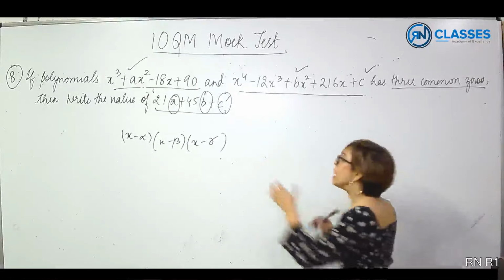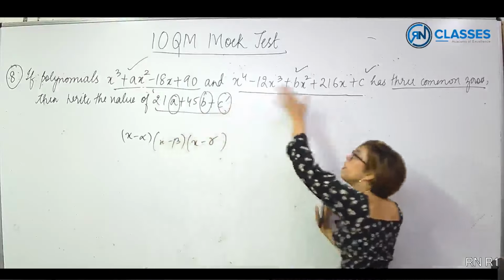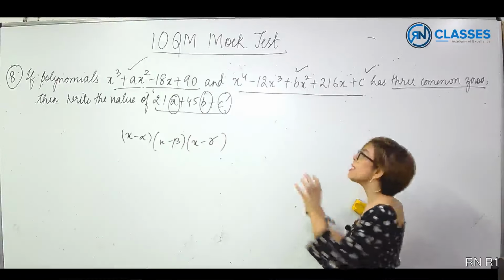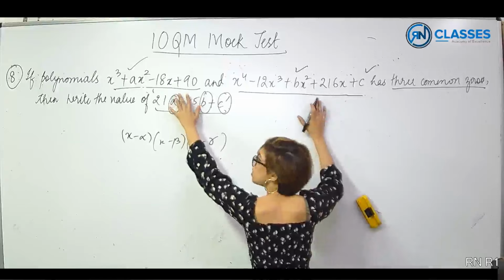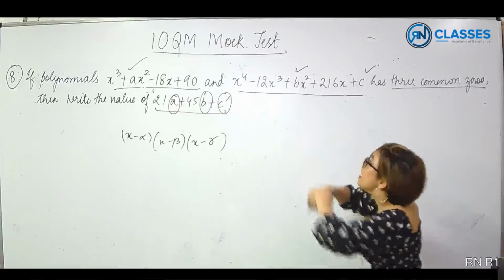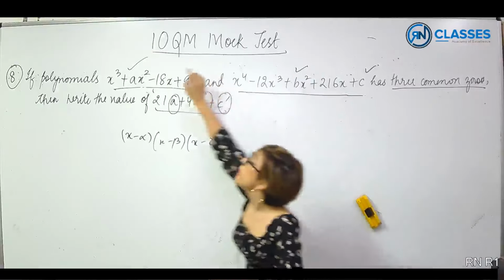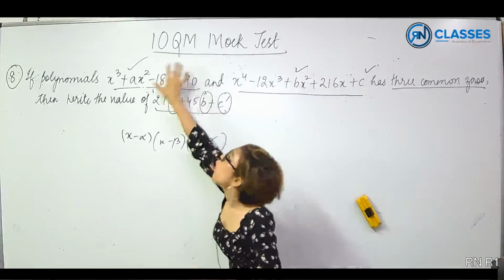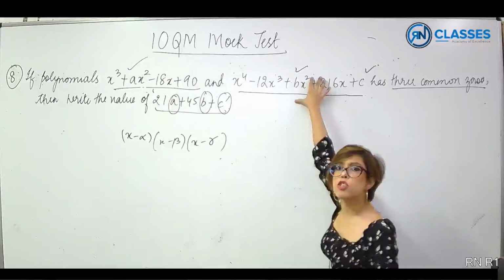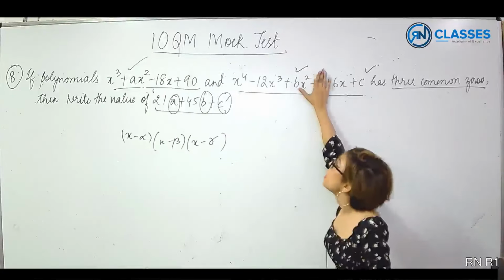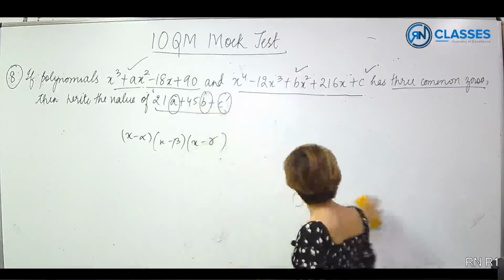Mind it, these factors are already present over here. Can you see what is happening between the two polynomials? We can clearly see that this polynomial will be exactly divisible by this one, because all of these factors are coming in the factorization of this. So this polynomial is divisible by this.